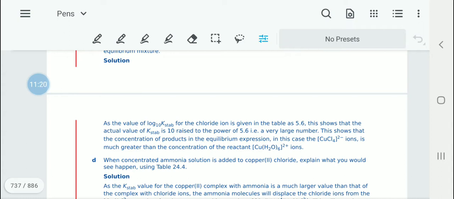That means the actual value is raised to the power of 5.6 in comparison to water. So the concentration of the product in the equilibrium expression, CuCl4 2-, is going to be very much greater than the concentration of the copper and water ligand complex.